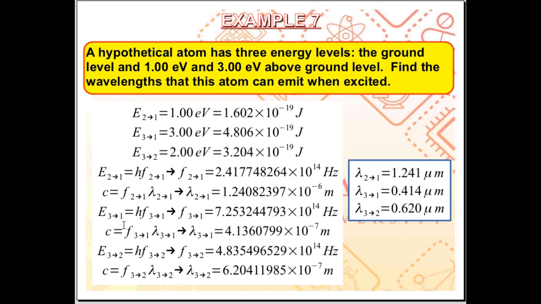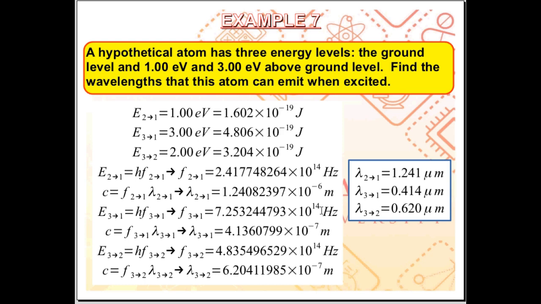For E3 to 1, you have f3 to 1, 7.253244793 times 10 to the 14 power hertz. And for the E3 to 2 transition, you have f3 to 2, 4.835496529 times 10 to the 14 power hertz.